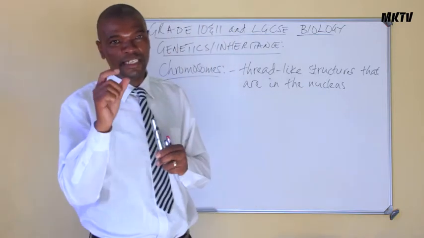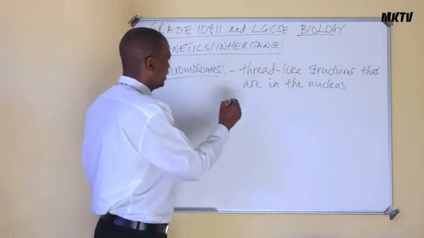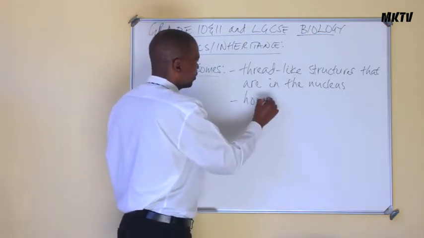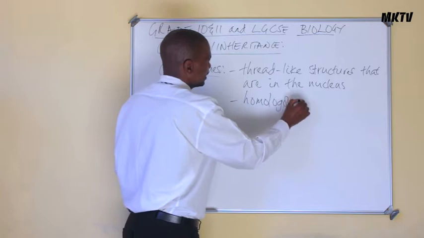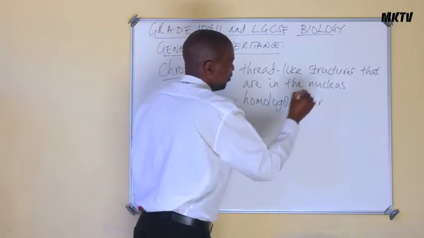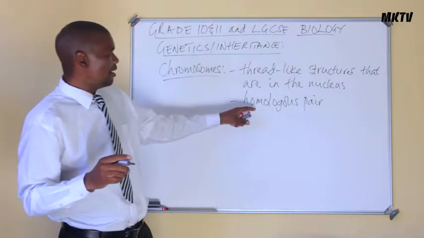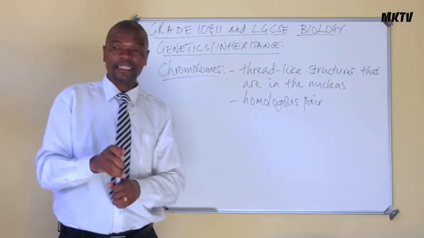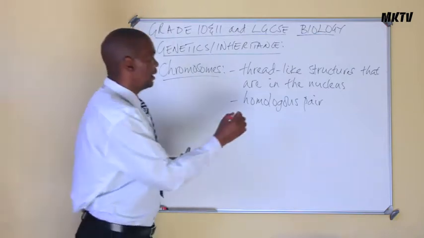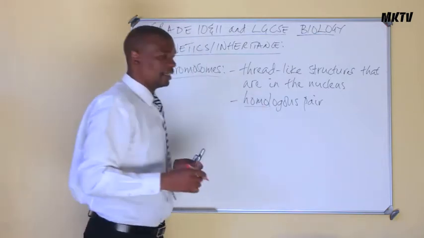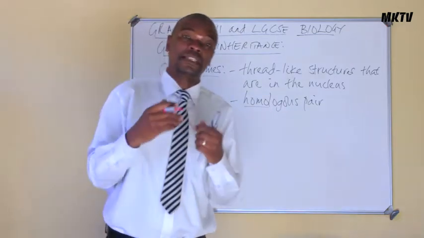What do I mean? We have what we call a homologous pair of chromosomes. And we have the word homo here, which is a prefix. The prefix homo means the same.